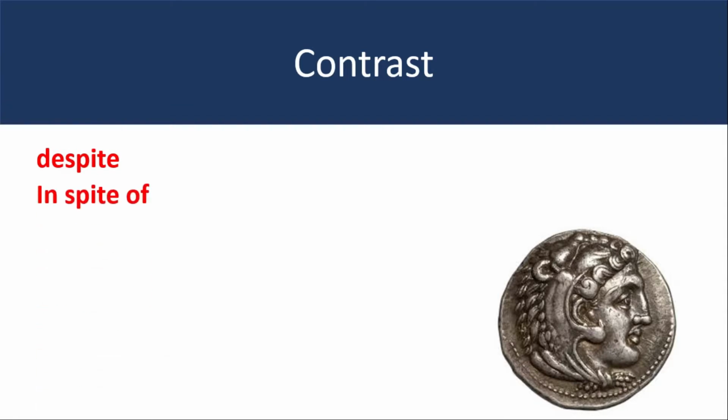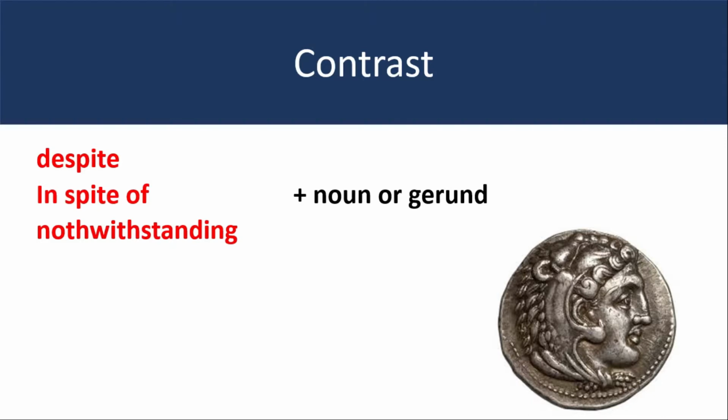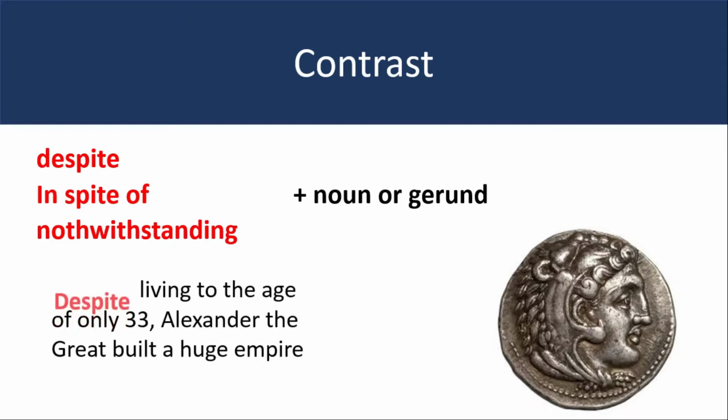Despite, in spite of, notwithstanding, are usually accompanied by a noun or a gerund. Despite living to the age of only 33, Alexander the Great built a huge empire. In spite of the fact that Alexander the Great lived to the age of only 33, he built a huge empire would be another possibility.